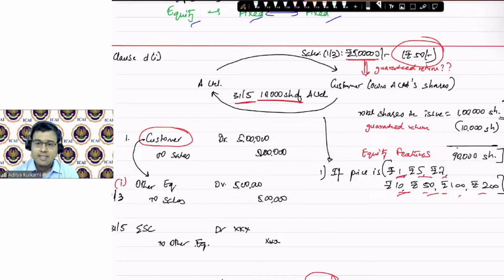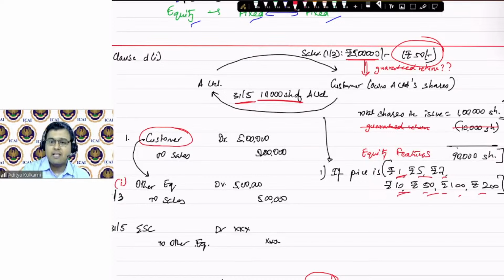So can I say that by virtue of A Limited not agreeing to a fixed number of shares, equity risks remain with the customer? If equity risk remains with the customer, this cancellation is not going to happen because there is no guaranteed return.